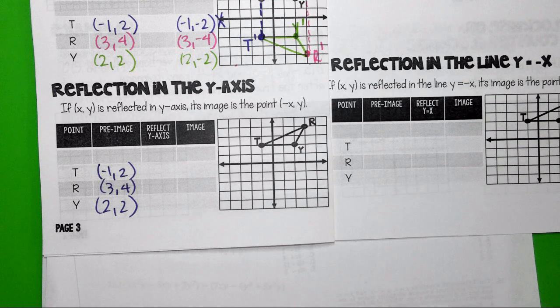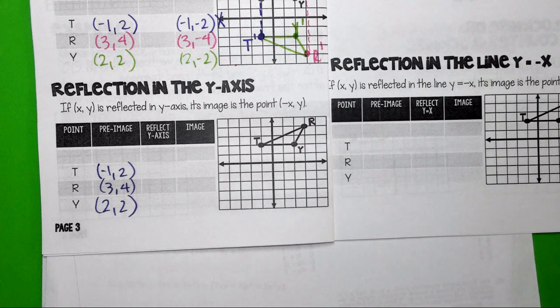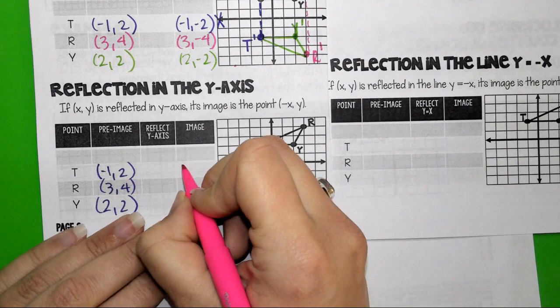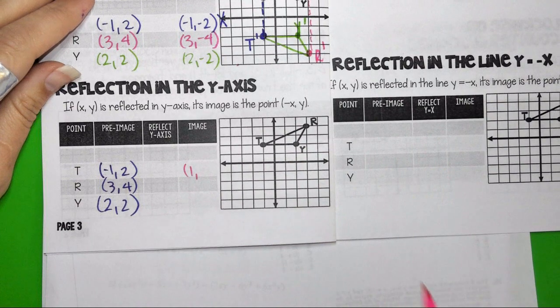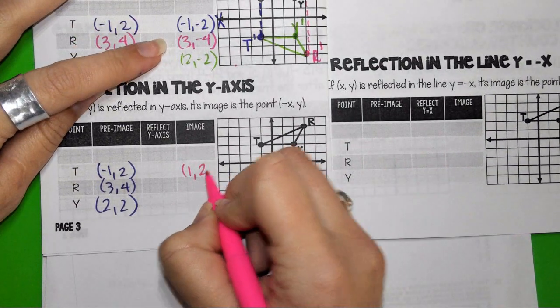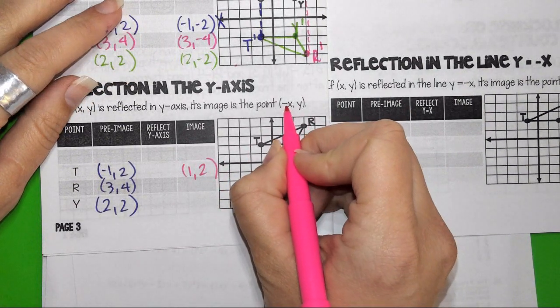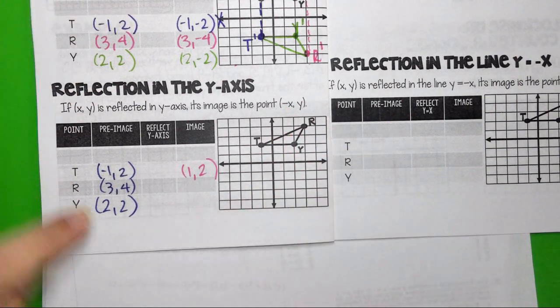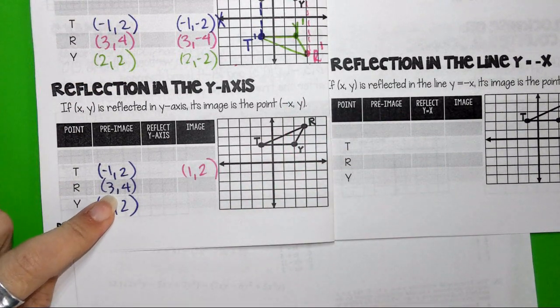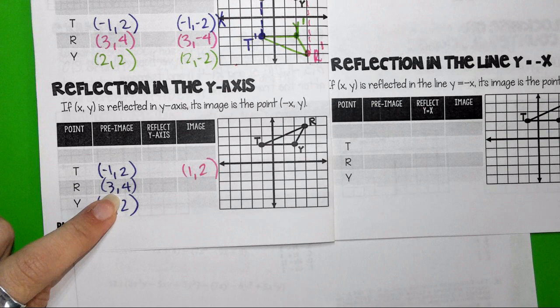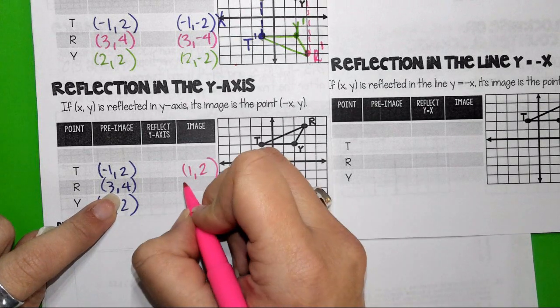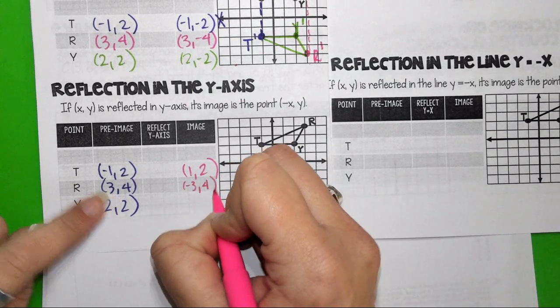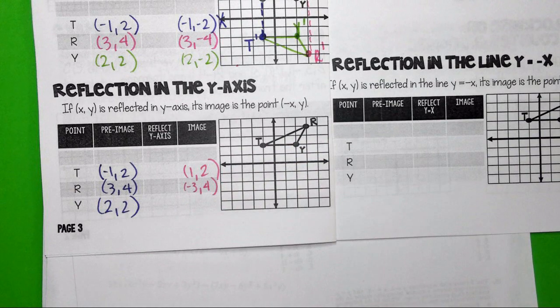So what's our new image going to be if we flip it across the y-axis? Where is my x going to go? Positive 1. Positive 1 and 2. Because my y value doesn't change, it's just my x value that changes. So what is my new coordinate for R going to be? And what about my Y?